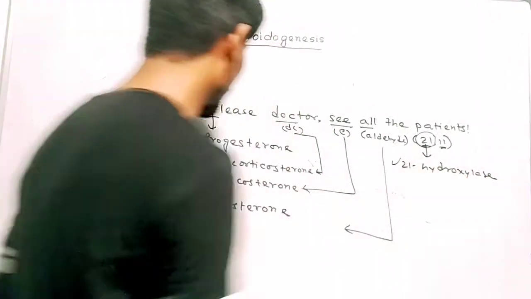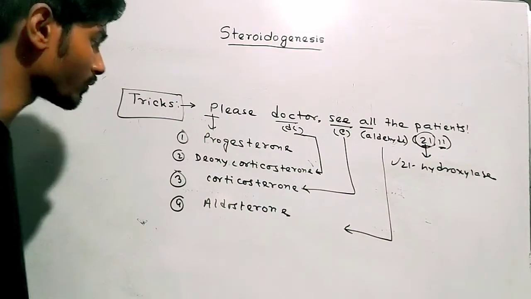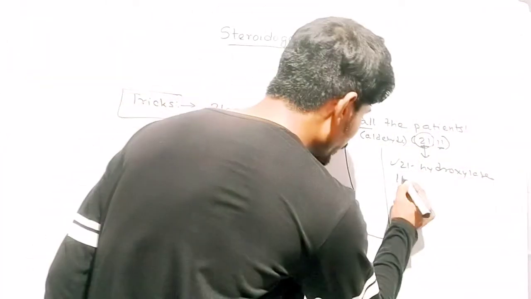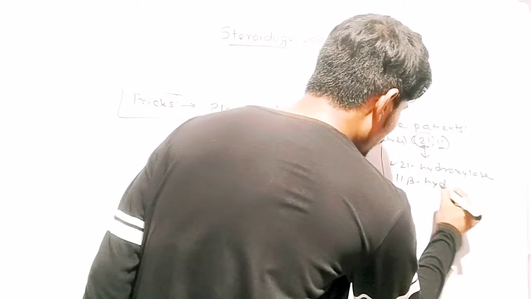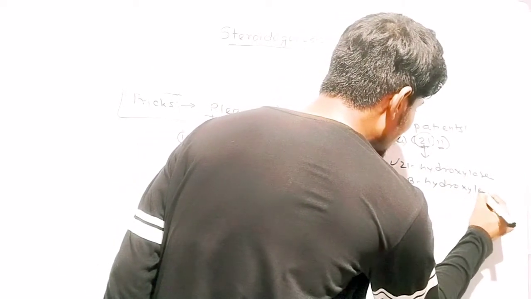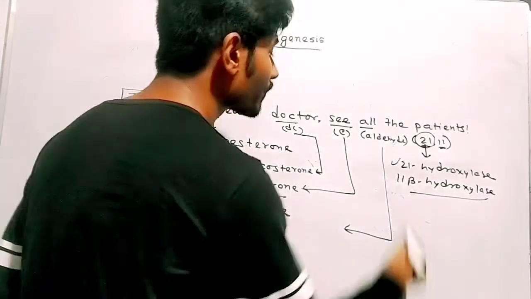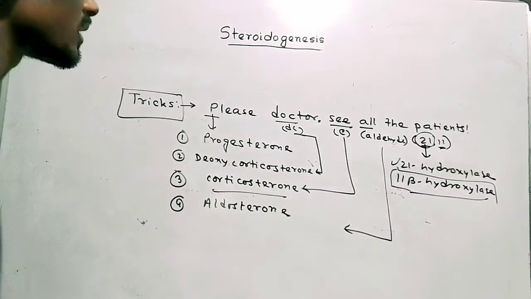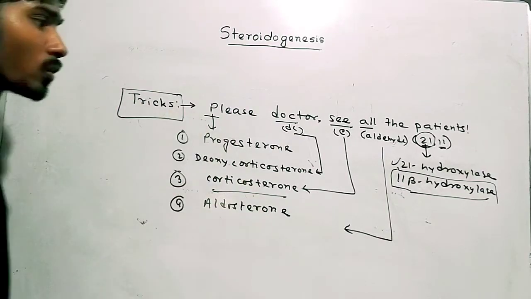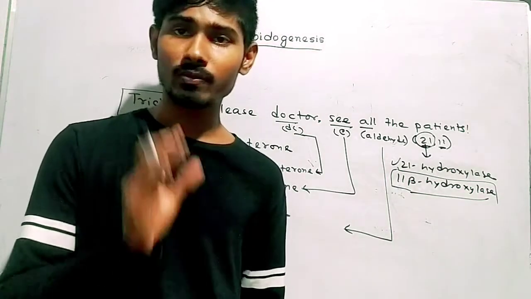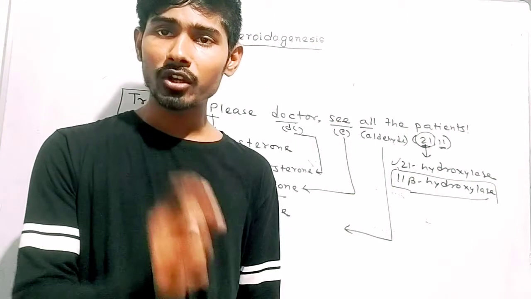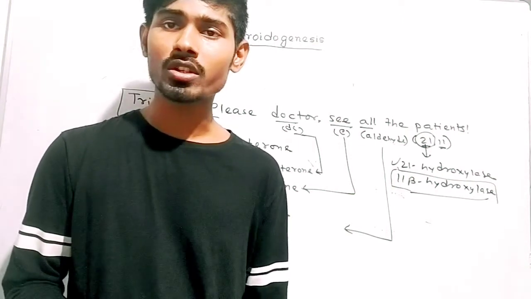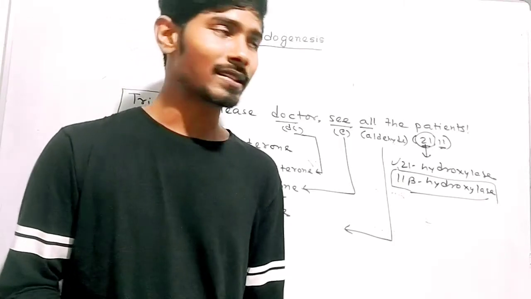Okay, and then the deoxycorticosterone is converted into the corticosterone by the action of the enzyme 11 beta hydroxylase. And this 11 beta hydroxylase enzyme, along with the aldosterone synthase and the cytochrome P450SCC enzyme, is present in the mitochondria. And you should remember this because it is a very important question in various types of examinations.